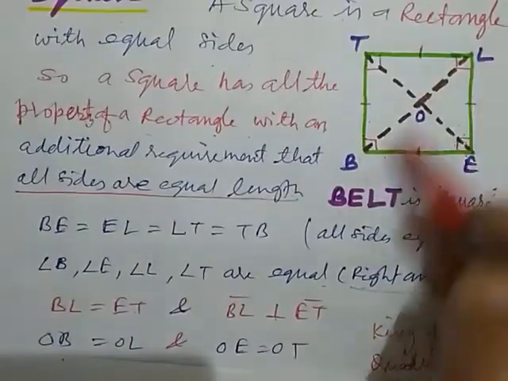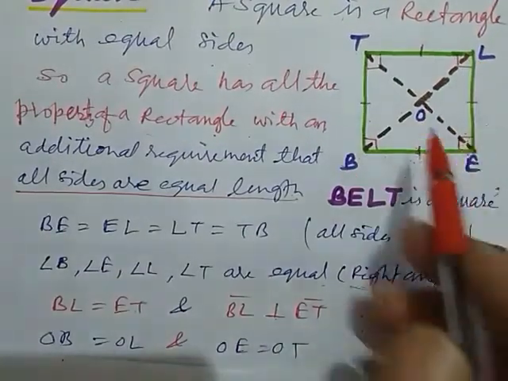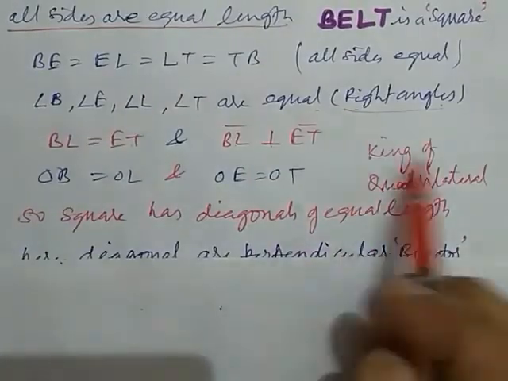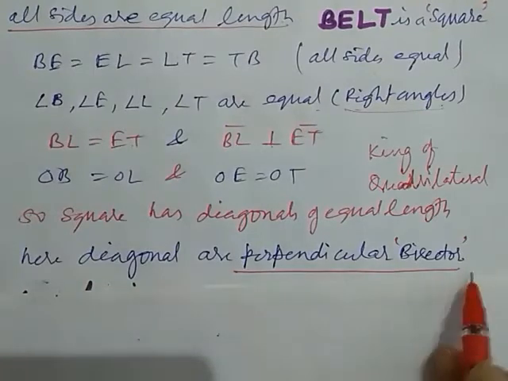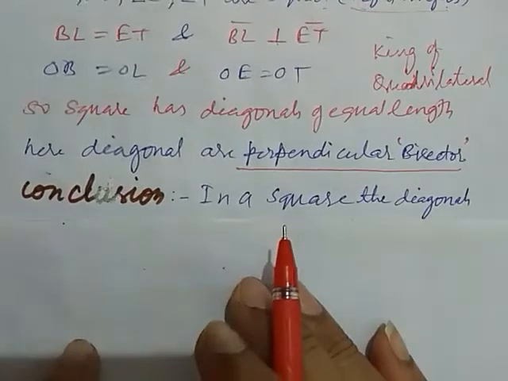Here, due to the diagonals bisecting each other, OB equals OL and OE equals OT. So a square has diagonals of equal length. Here diagonals are perpendicular bisectors. What is the conclusion about the square?